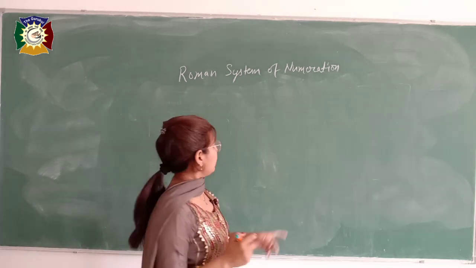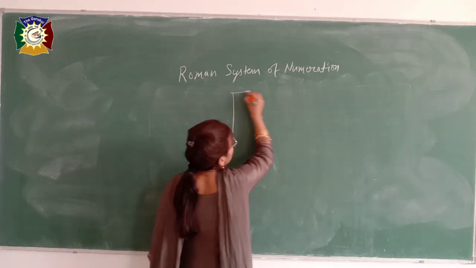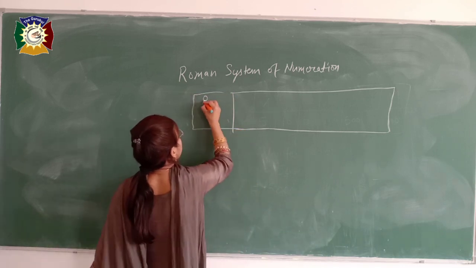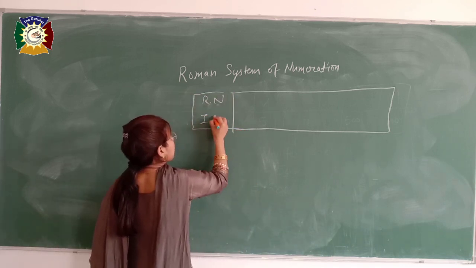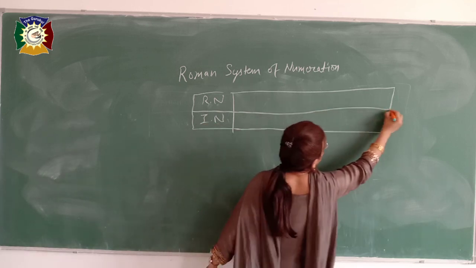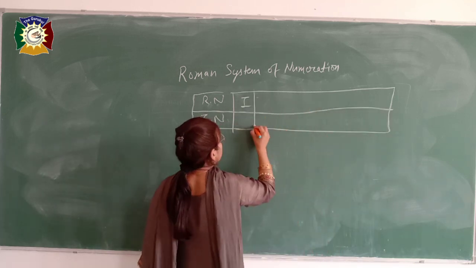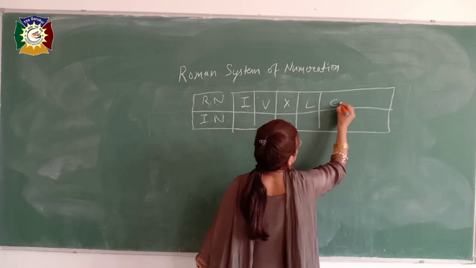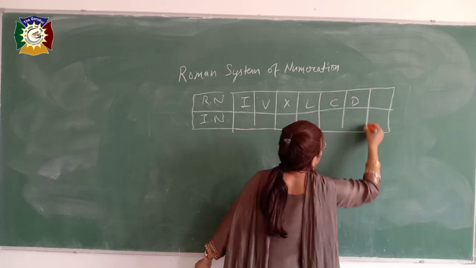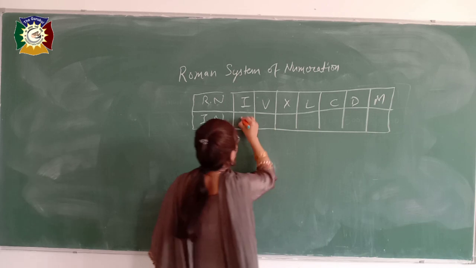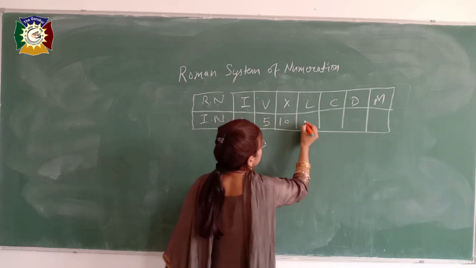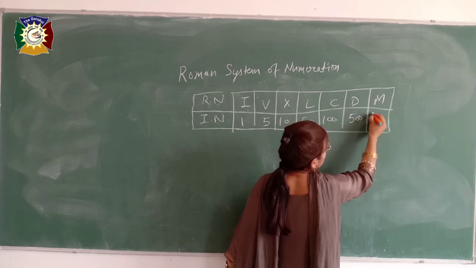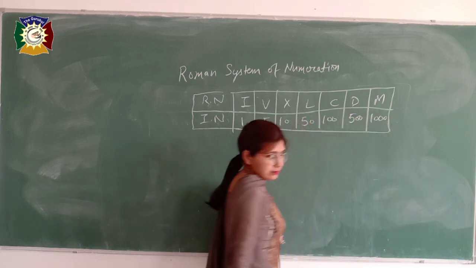The first thing is that this table is very important. I will not rub this. Roman number, Indian number: I, V, X, L, C, D, M, and 1, 5, 10, 50, 100, 500, and this is your 1000.